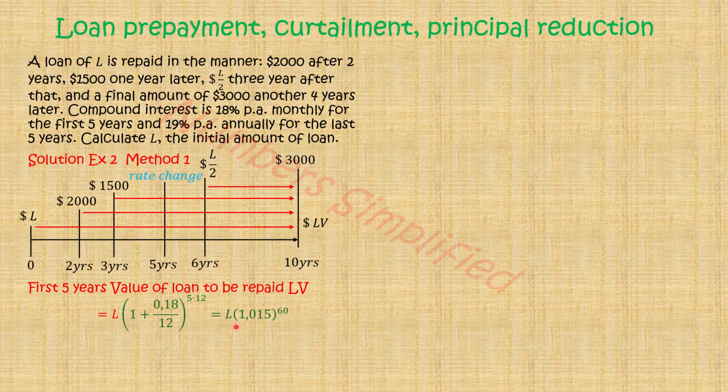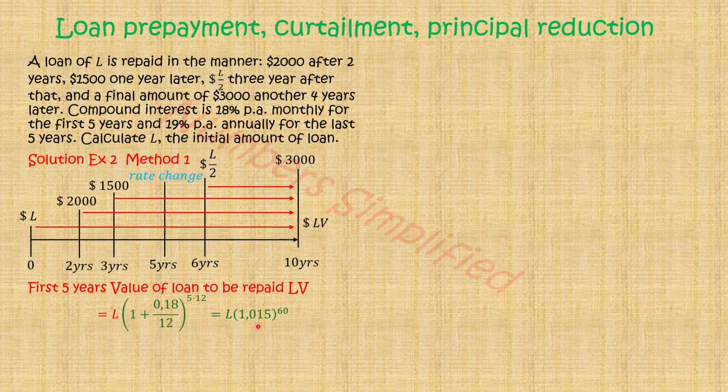Right, so inside the parentheses, we see that that can actually be simplified to 1.015, and that will be raised to the power 60. Of course, we could have just evaluated that, but remember, our goal is to keep our values as exact as possible, because we do not want to compromise on the final answer that we would have.